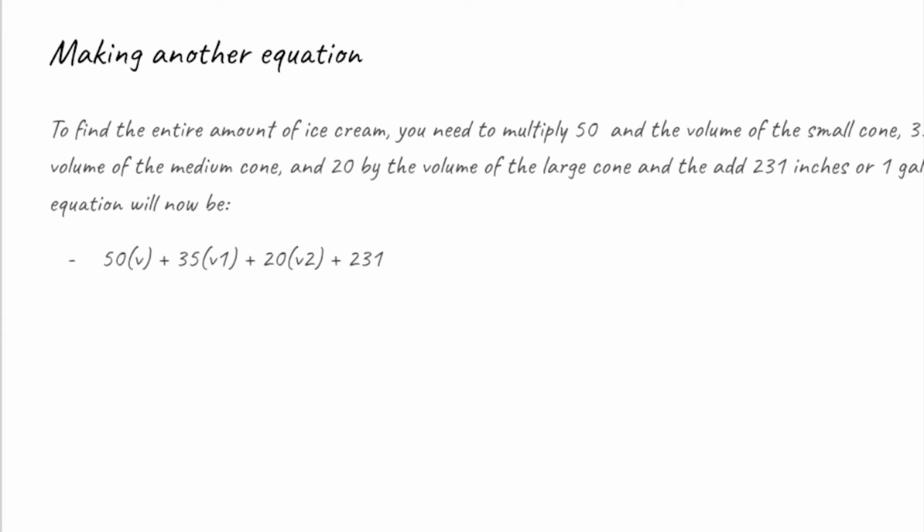You'll end up with this equation, which is 50 times the volume of the small cone plus 35 times the volume of the medium cone, plus 20 times the volume of the large cone, plus 231, which should give you the total amount of ice cream you need in inches.